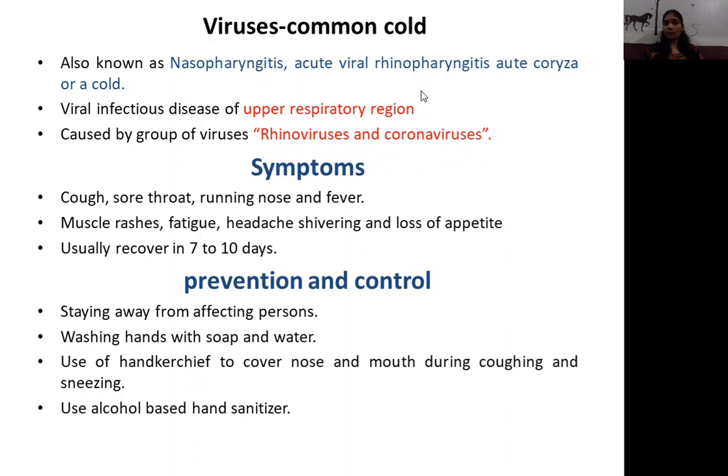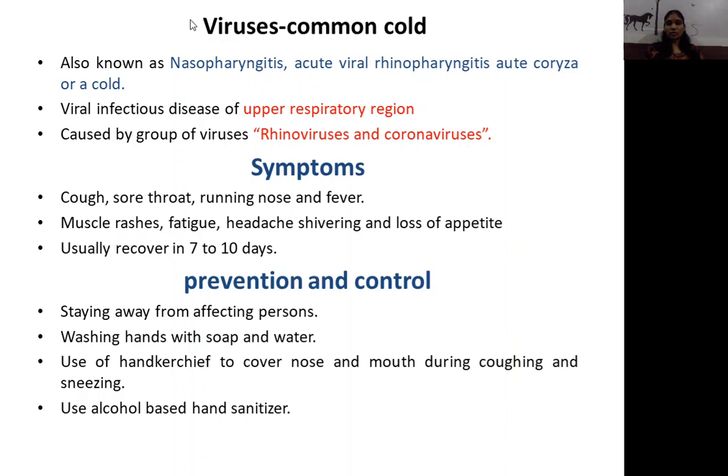What are the symptoms of this common cold? Cough, then sore throat, running nose and fever, muscle aches, fatigue, headache, shivering, loss of appetite, and it usually recovers in 7 to 10 days.